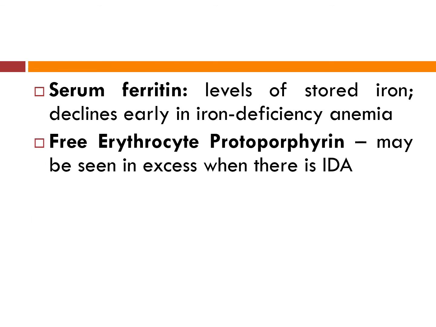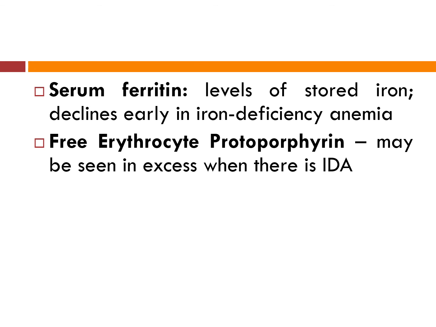The free erythrocyte protoporphyrin may also be seen in excess when there is IDA, because remember that if you have excess protoporphyrin, that means you have less iron to pair with your protoporphyrin.